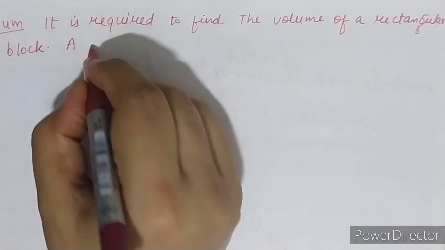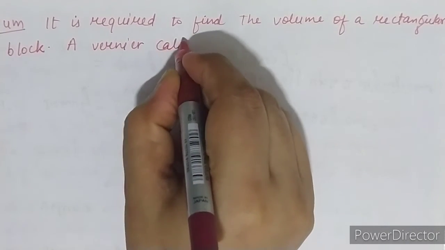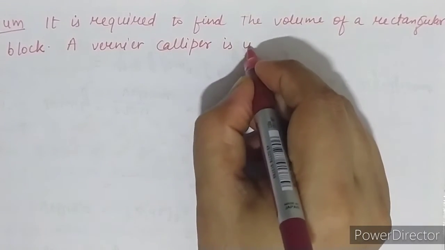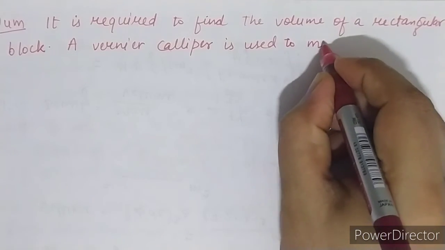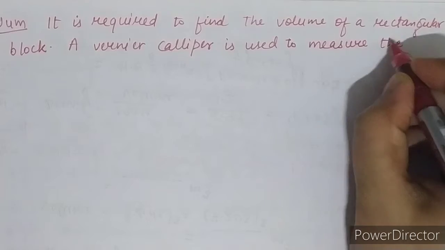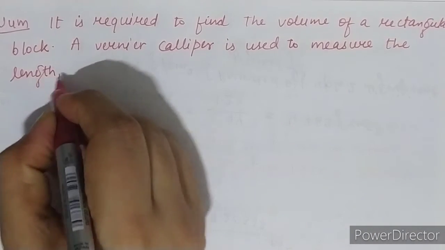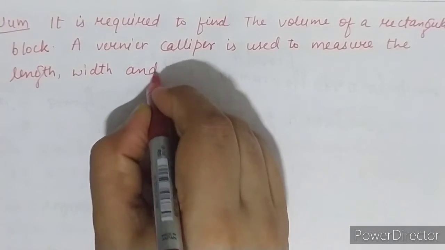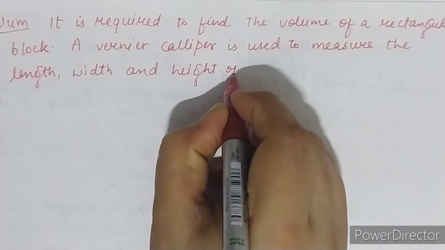A vernier caliper is used to measure the length, width and height of the block.